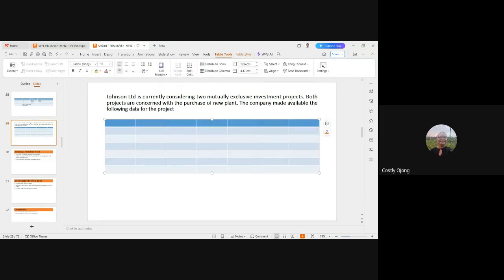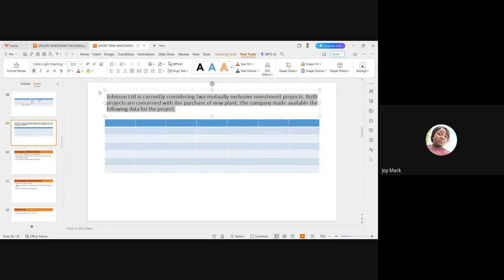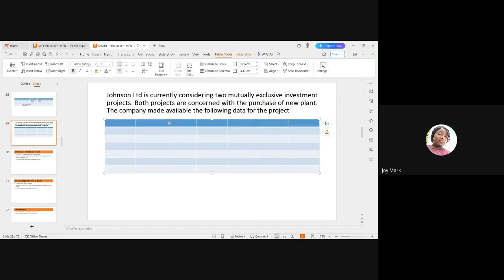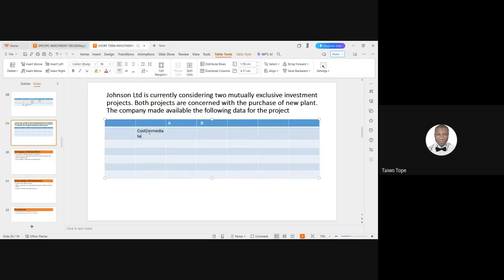Sorry, I've reduced the character. Enlarge your screen a bit. I can't see your screen anymore.